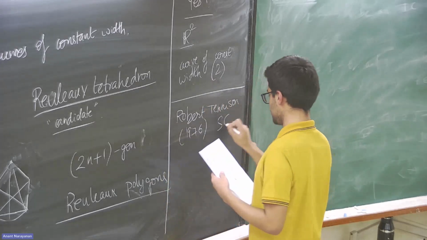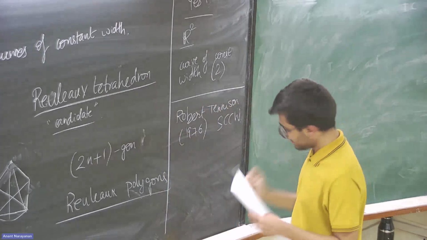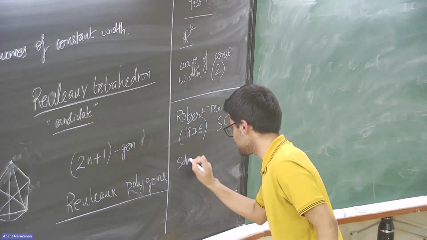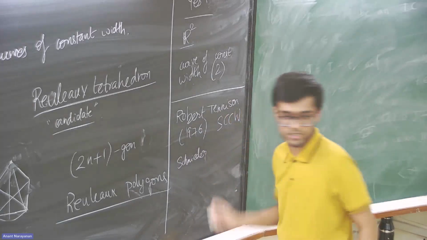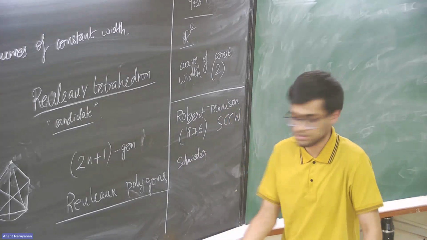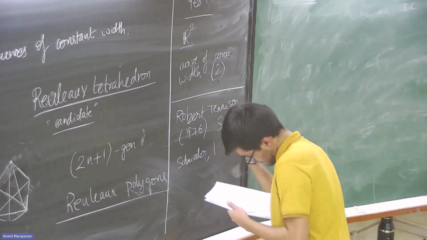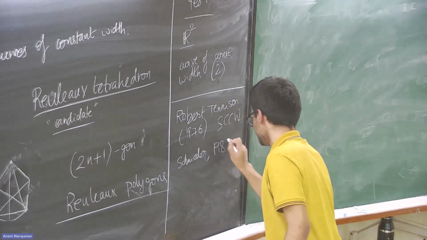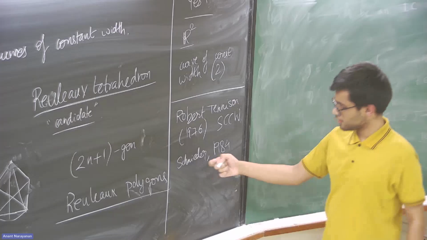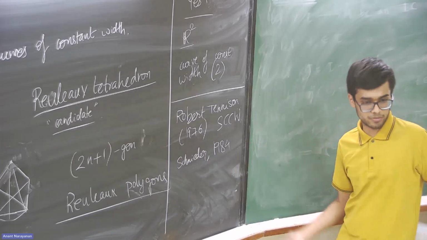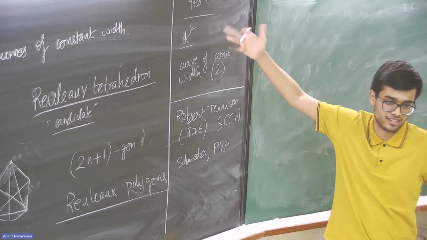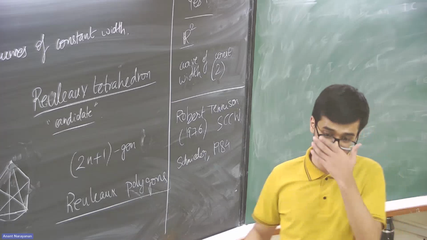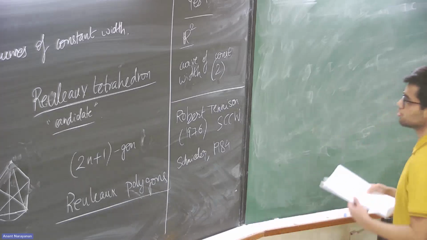I'll just call it SCW. And there's another paper by Rolf Schneider, who defined convex approximability and all these things in 1985. His paper is called Smooth Approximation of Convex Bodies, and here he mentions this density language, that bodies of constant width can be approximated by smooth bodies of constant width.